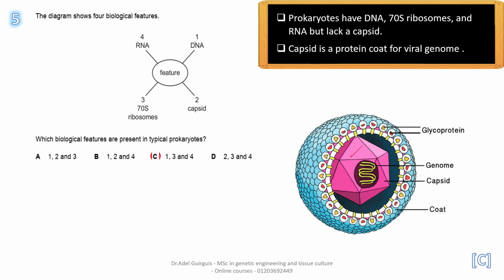Okay? It's C. Number 6. Which row shows features that occur in dicotyledonous plant cells and also in typical bacterial cells? The key here: take right, found, means found in both dicotyledonous plant cells and also in typical bacterial cells. Take wrong means not found in at least one of these 2 types of cells.